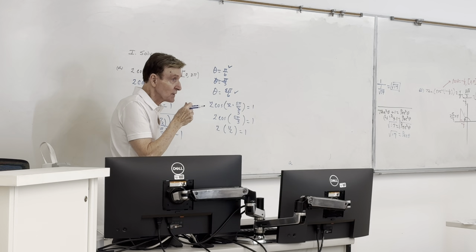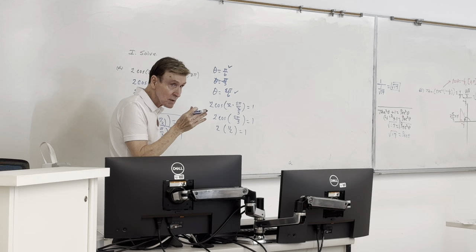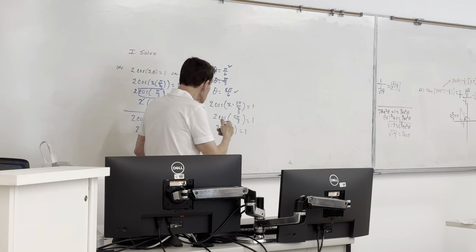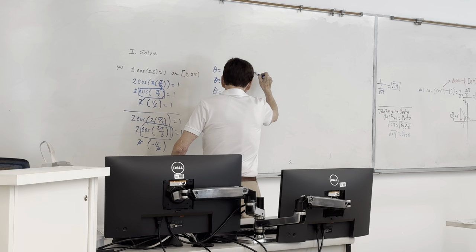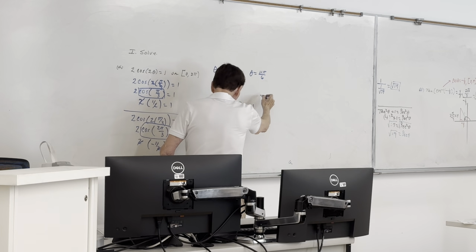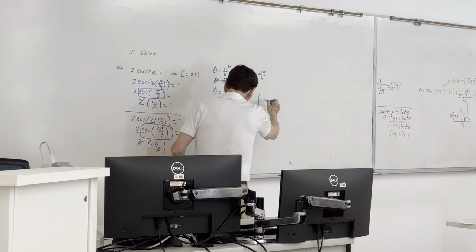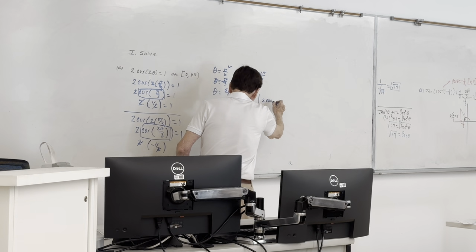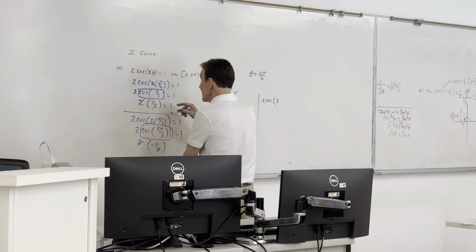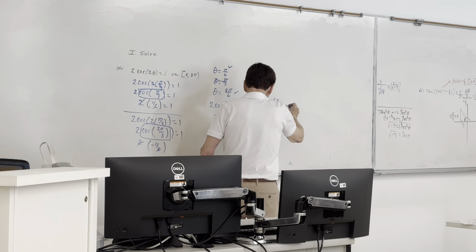Professor, there's another one. There is? What did you have in mind? 11 pi over 6, I'm trying. What a nice way to close out class tonight. We're going to check it. 2 cosine, 2 times, and we're trying 11 pi over 6.